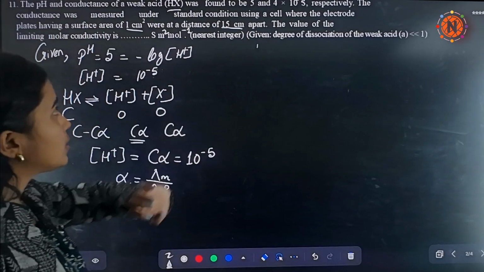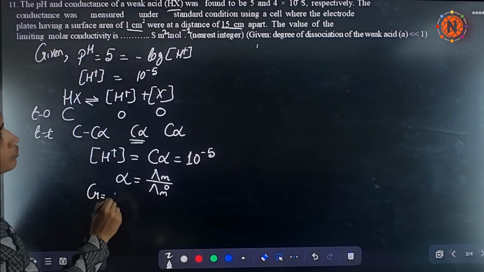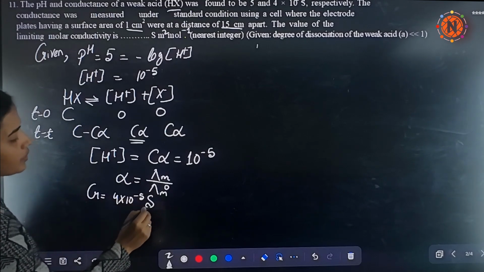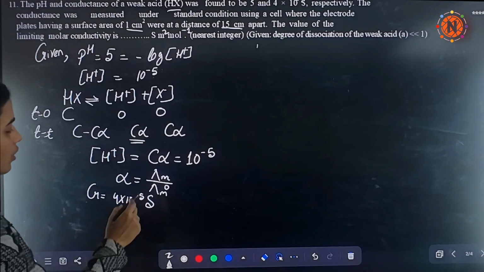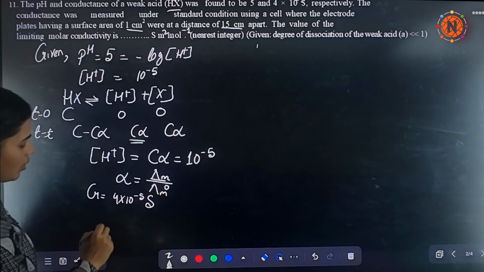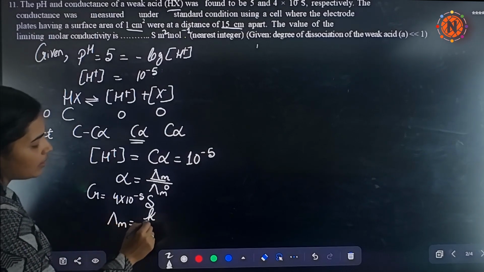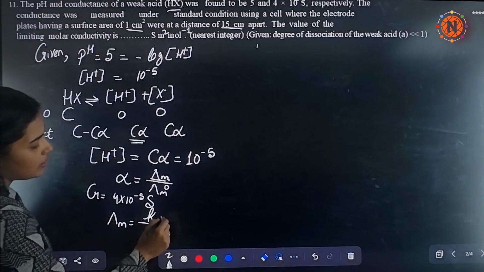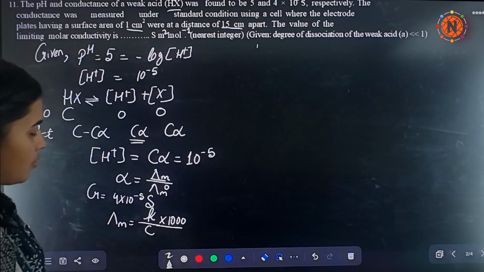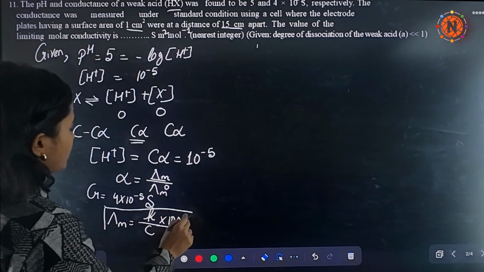It is given that the conductance is 4 into 10 to the power minus 5 Siemens. We need to find out the lambda M. Now lambda M is equals to K by C into 1000, correct? We know this formula for molar conductivity.